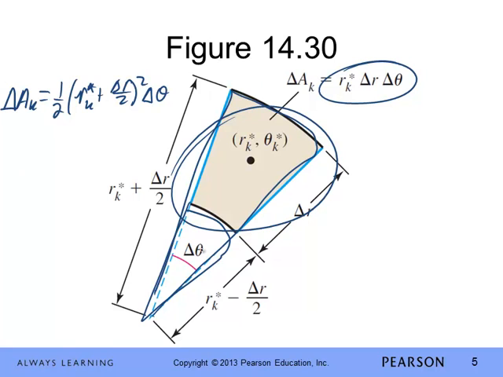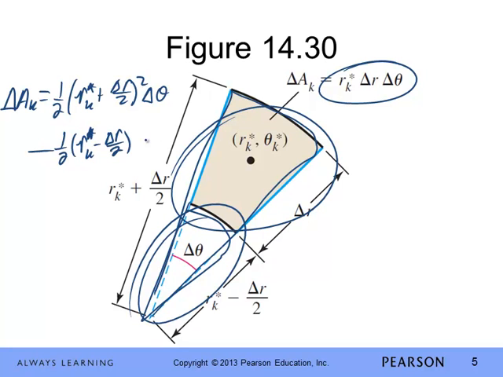That's the area of the big sector minus the area of the smaller sector, which is r star sub k minus delta r over 2, times delta theta. And there's a square on that binomial there.